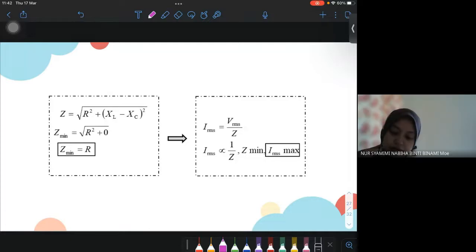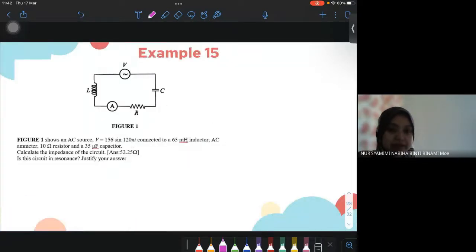So, ini tidak apa-apa. Kita pergi pada example 15. Semua orang okey lagi? Okay, example 15. Saya nak orang lain pula lah baca soalan ni. Robert Sinka. Tolong baca soalan example 15.